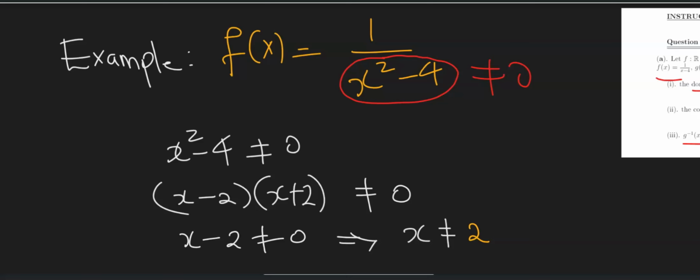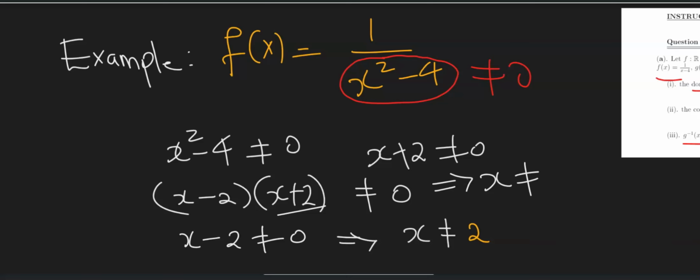The other one, x plus 2 should not be equal to 0, which implies that x should not be equal to negative 2. So we have 2 points on the number line at which our function cannot be defined.